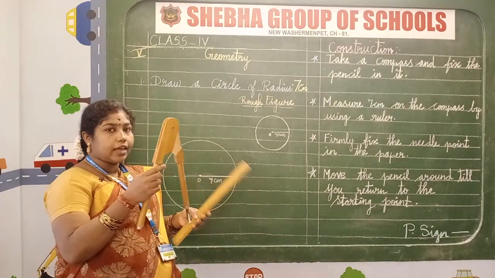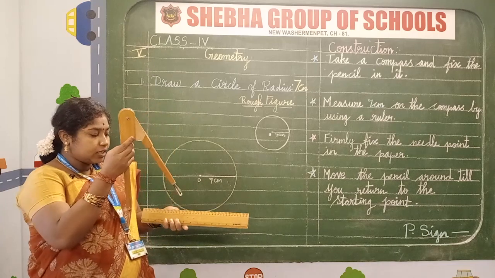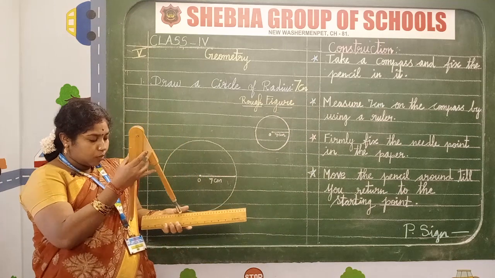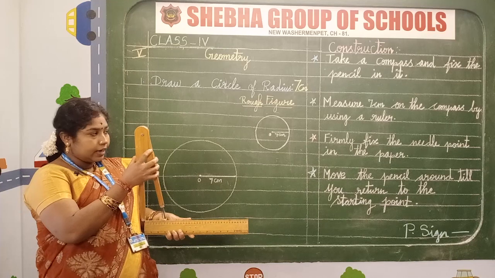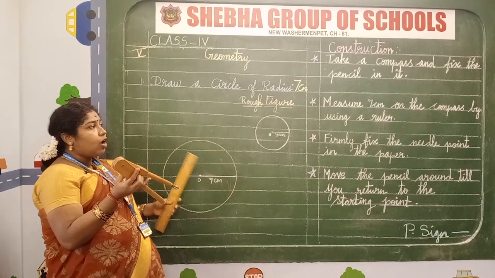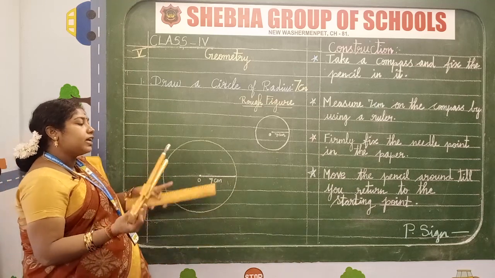Now take your ruler, children. Before that, take a compass and fix the pencil in it. Measure how much the radius they have given, 7 cm. So measure 7 cm using a ruler. After you measure the centimeters on the compass by using a ruler, firmly fix the needle point.